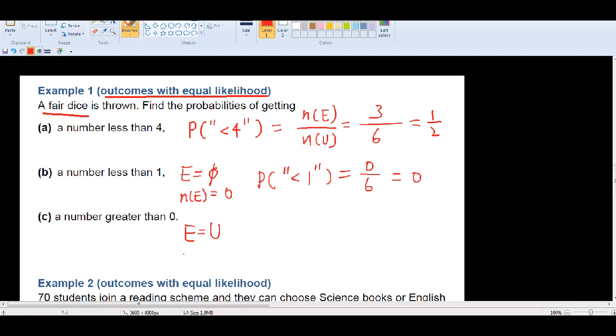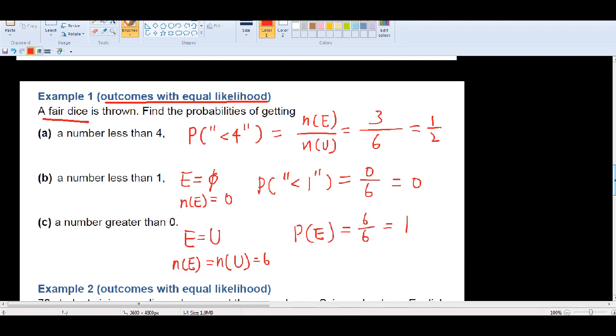So the number of elements in the event will equal the number of elements in the sample space, which is 6. So the probability of that event will be 6 over 6, which is 1.